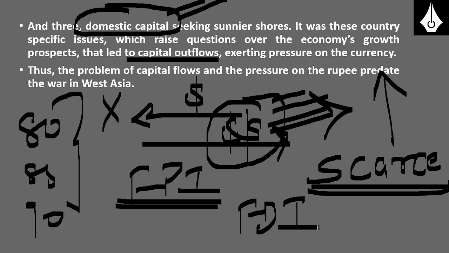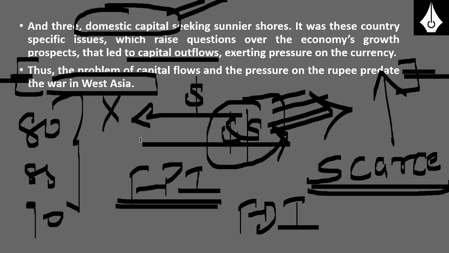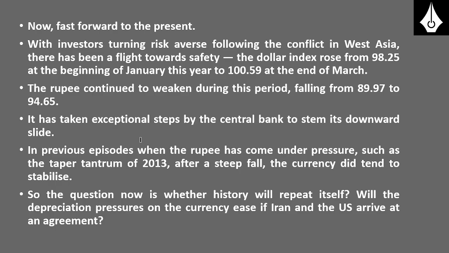So essentially the submission of the author is that when we are looking at the current depreciation trend of the rupee, we must not squarely and completely say that this is because of the West Asian crisis. The author is saying that there are real fundamental macroeconomic factors at play that we need to take into consideration, right?